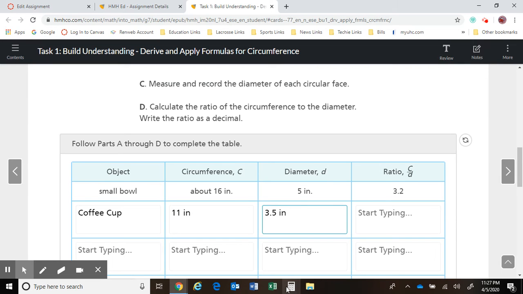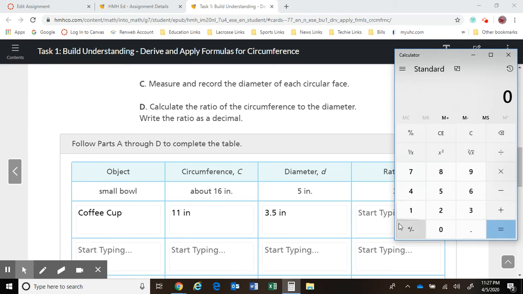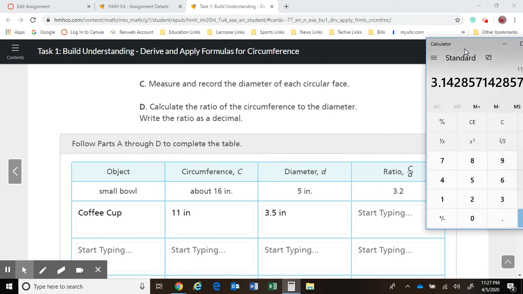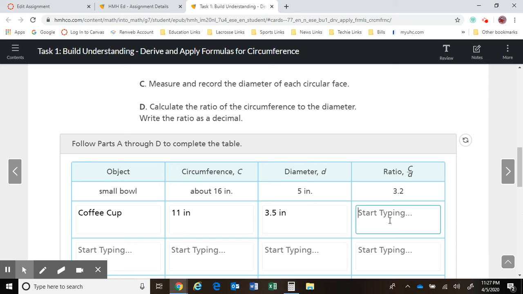So what is C divided by D? 11 divided by 3.5, and I got 3.142. I'm going to round that to two decimal places, so I'm going to put 3.14 here.